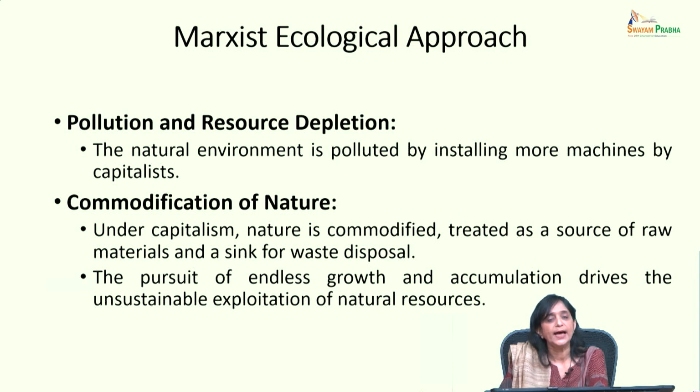And not only that, we are also disposing of the waste back into nature. So nature is not only a source of raw materials according to Marxists, but it is also a sink for waste disposal. So in the pursuit of endless growth and accumulation, it drives the unsustainable exploitation of natural resources.